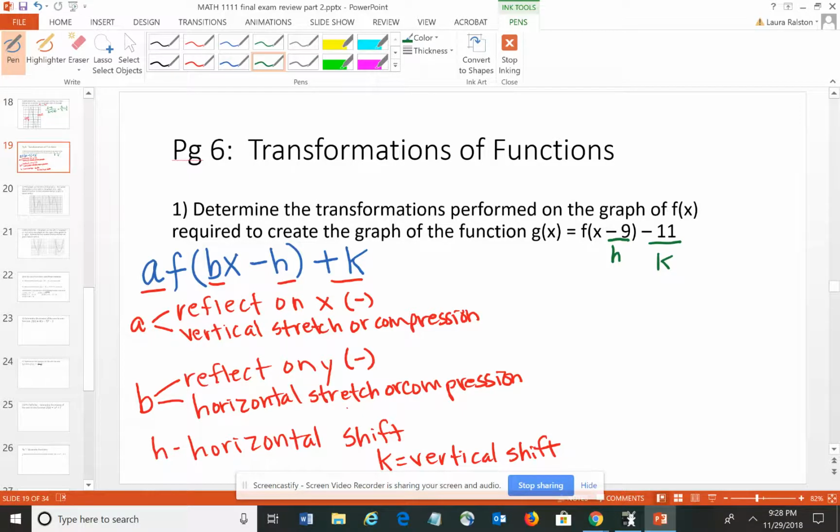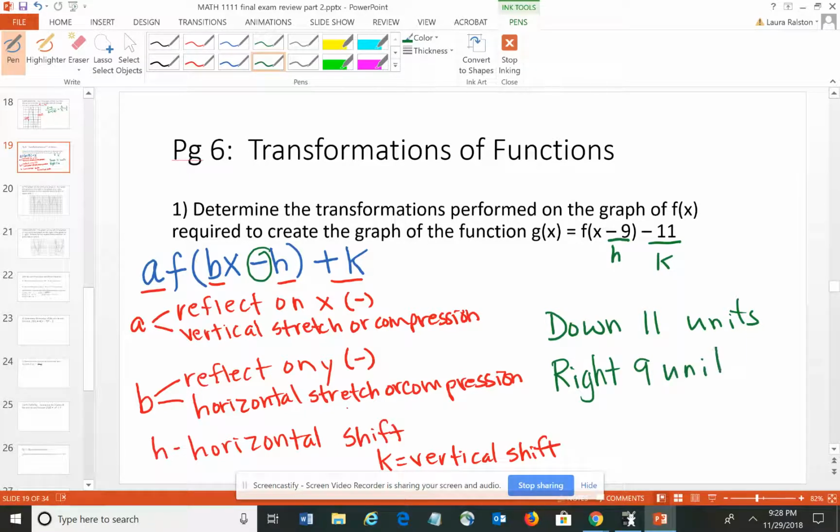Since the k is negative, I know that means I'm going to move down 11 units. And then remember to be careful because the formula has this minus in there, so you have to do the opposite of the h. So our h is minus 9, so the opposite of minus would be positive, so we would go right 9 units, and that would be the transformations that have taken place.